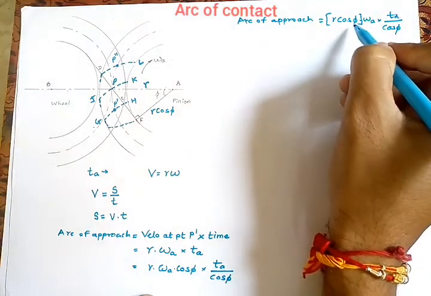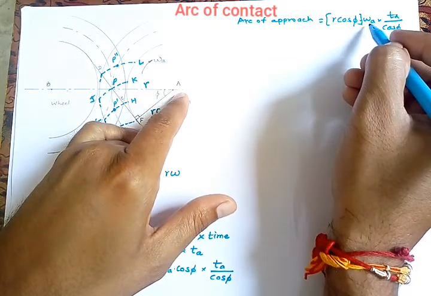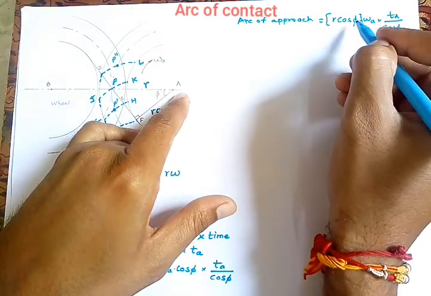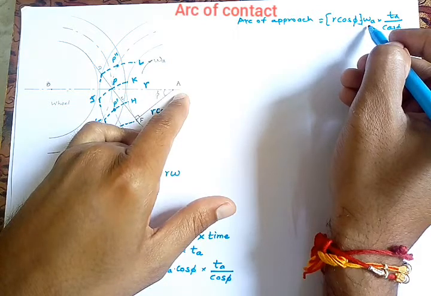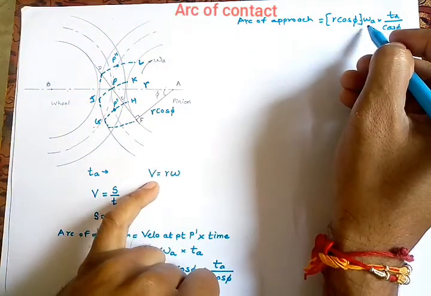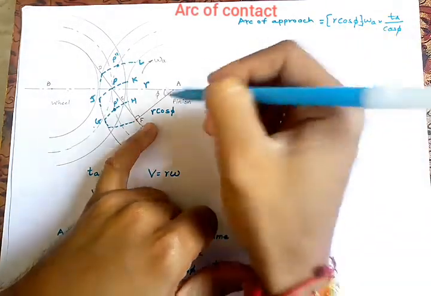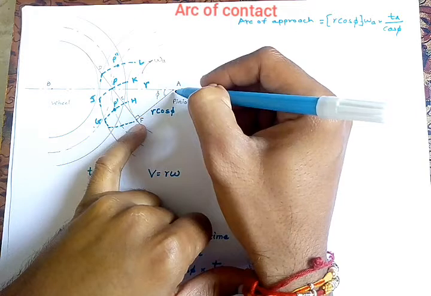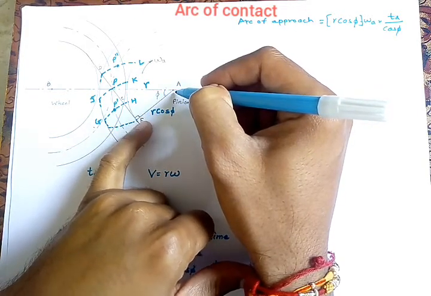So r cos phi is the distance AF into omega A. So distance into the angular velocity is the linear or tangential velocity. But the distance is now what? AF.